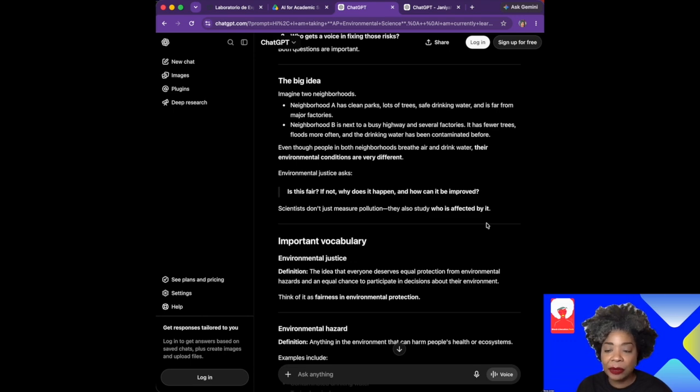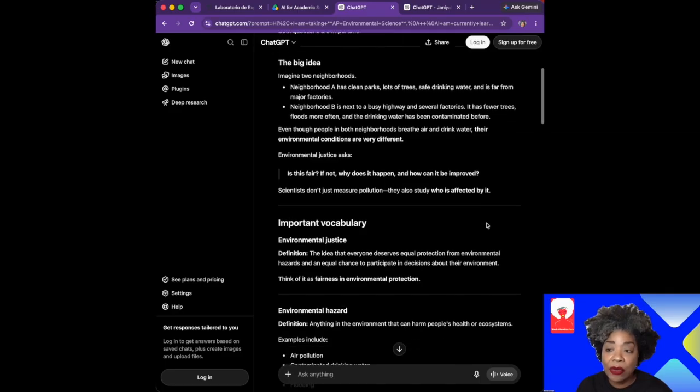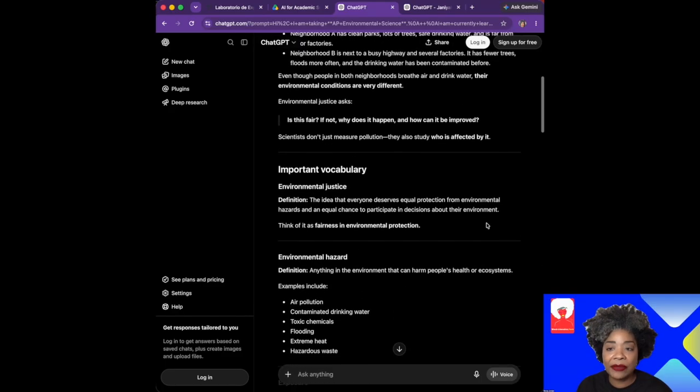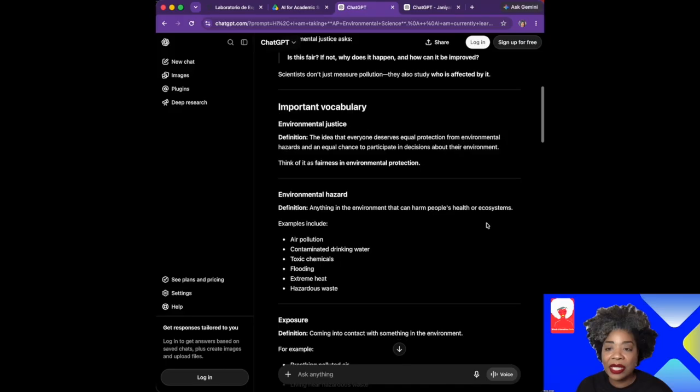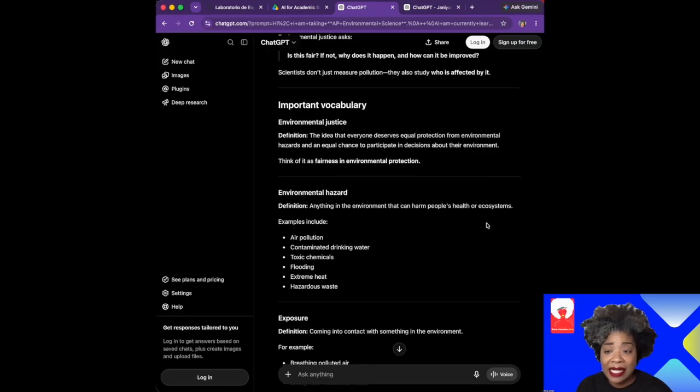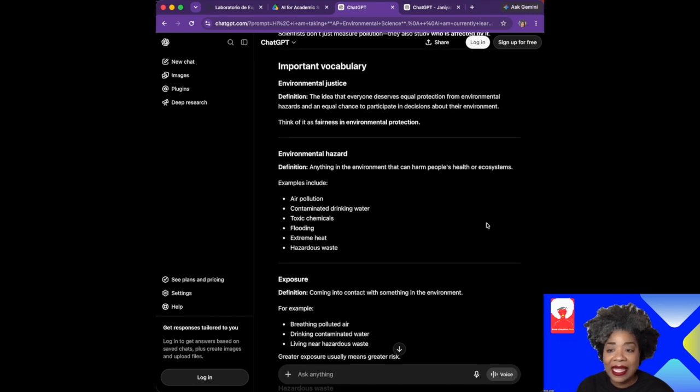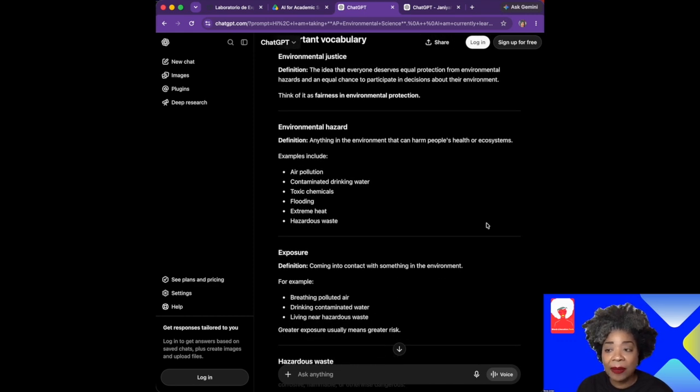Scientists don't just measure pollution, they also study who is affected by it. Important vocabulary. Environmental justice definition: the idea that everyone deserves equal protection from environmental hazards and an equal chance to participate in decisions about their environment. Think of it as fairness in environmental protection. Environmental hazards definition: anything in the environment that can harm people's health or ecosystems.